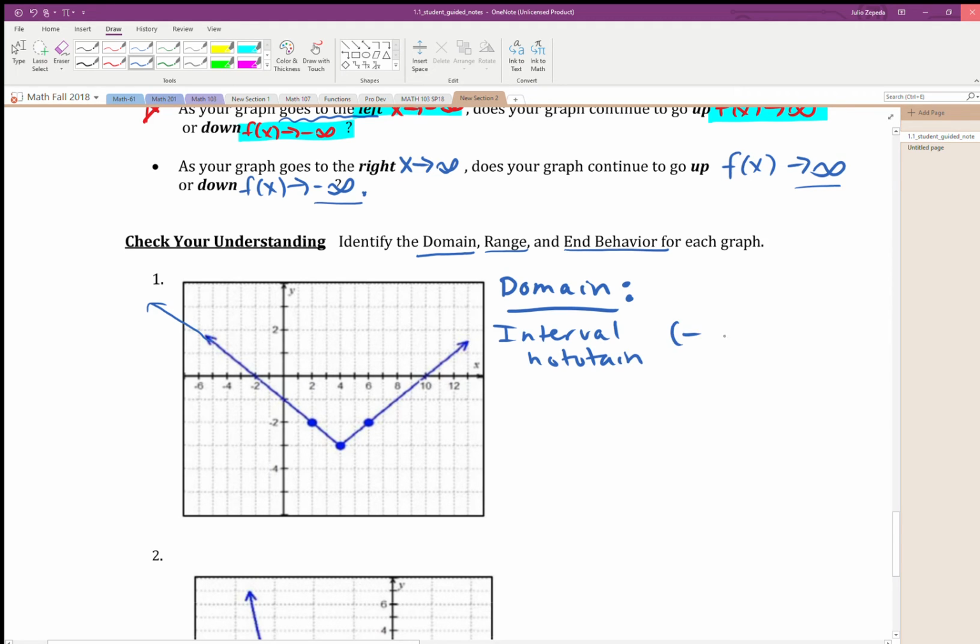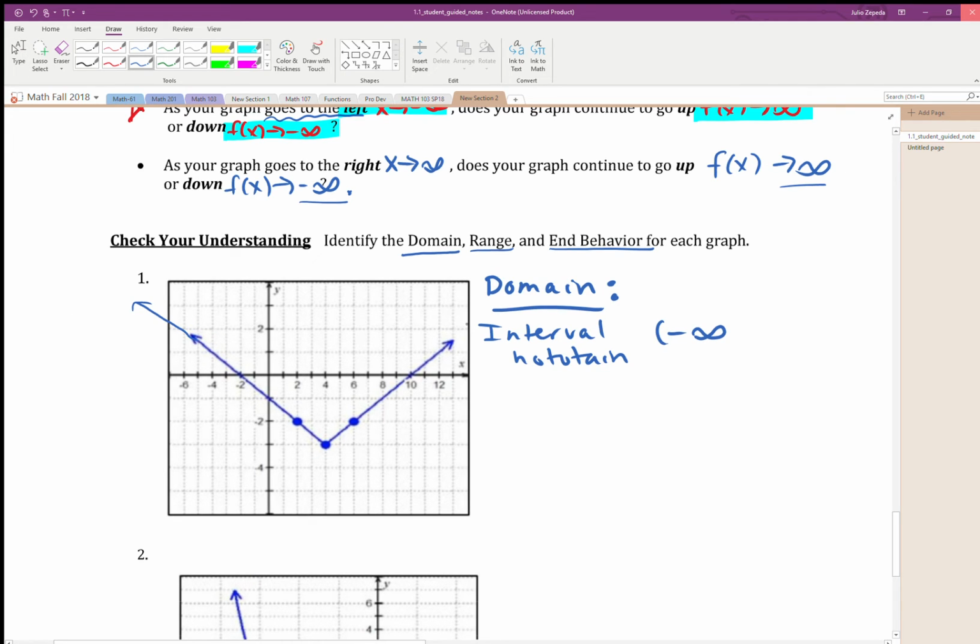I'm writing this out in interval notation, and then I'll also do the inequality notation. Leftmost point, it's never stopping, it's going to negative infinity, but on the right, it's also never stopping, so it's going to go to positive infinity. That would be interval notation. For inequality notation, we would just write starting at negative infinity, ending at positive infinity. x is in between the 2 infinities. So that's our domain.